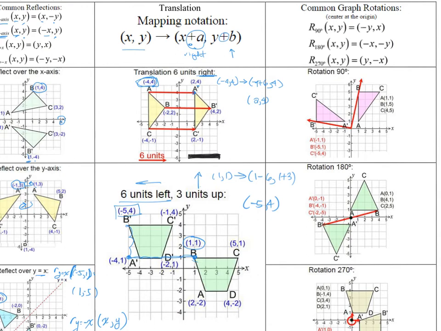Okay, I'm going to show you 3 common graph rotations. The first one is a rotation of 90 degrees counterclockwise. I'm going to just look at point C (4, 5) for now. Once we rotate it 90 degrees, it's going to land on (-5, 4).